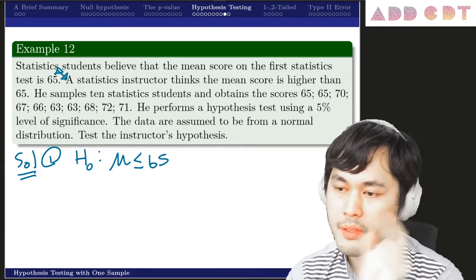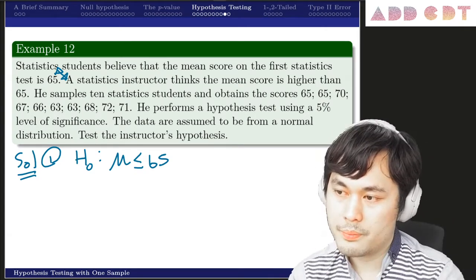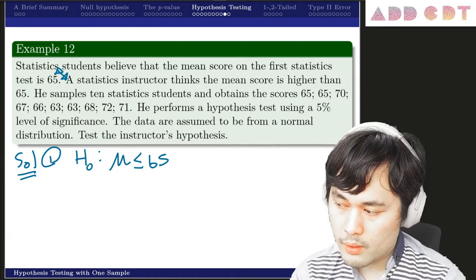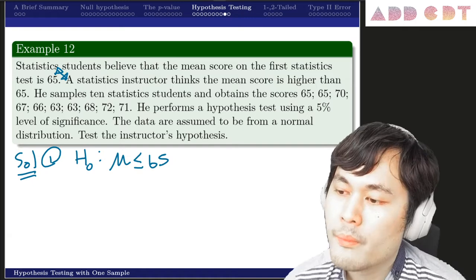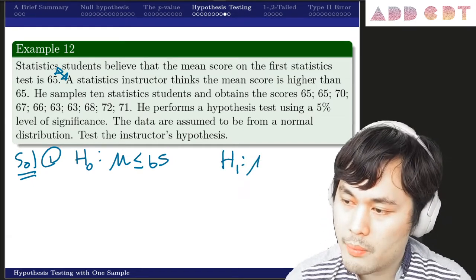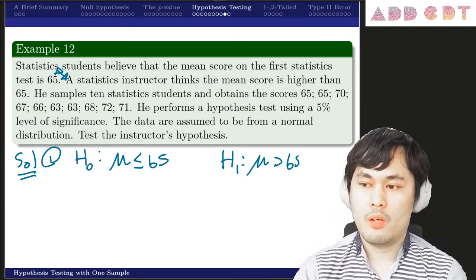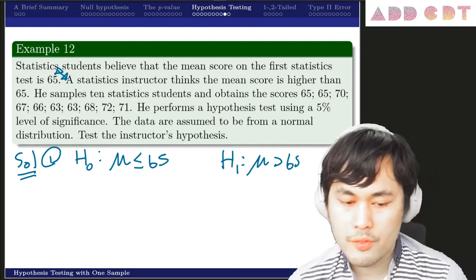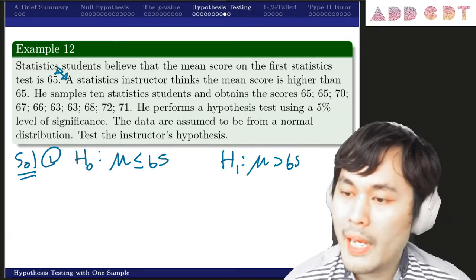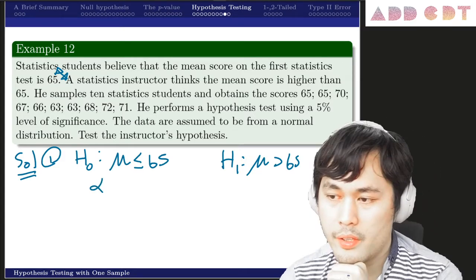In this case, let's start with less than or equal to 65, because we think that we should deny the students' belief. So the alternate hypothesis is that mu is actually greater than 65, which is what we as an instructor believe. So that's step 1. And we also have to establish the confidence level.